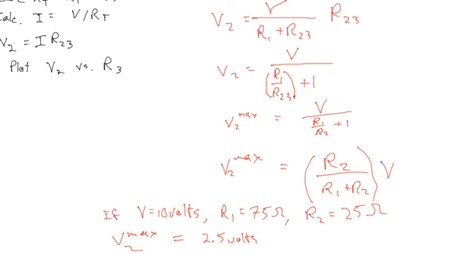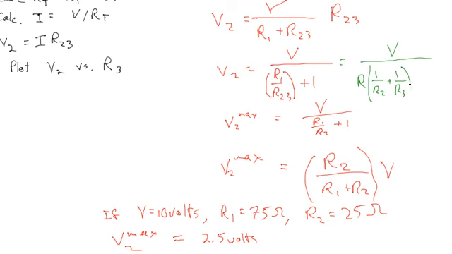I actually have a pretty good handle on what it looks like based on this, not the max, but this expression right here. I just have to write R23, or maybe 1 over R23. I got R1. You can think of this as R1 times 1 over R23. So if I wanted to see a little bit more what it looked like, I could write this as V, in terms of R3 itself, R1 times 1 over R2 plus 1 over R3.